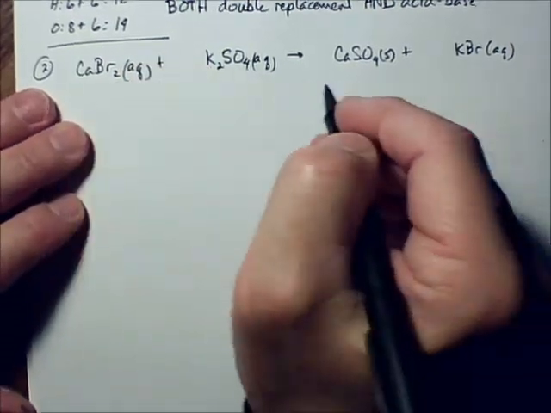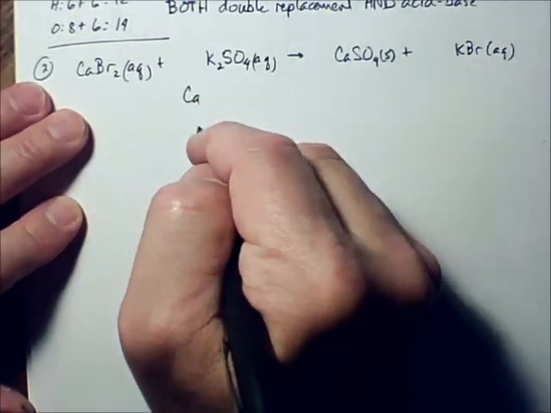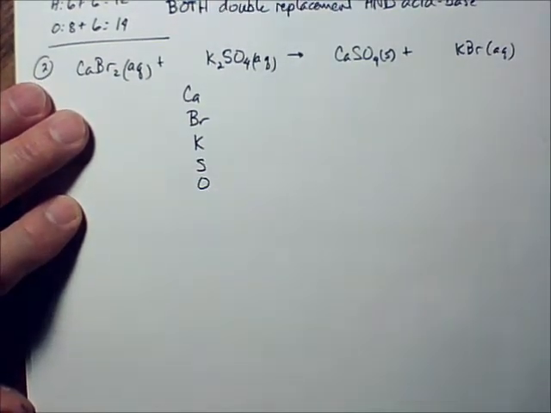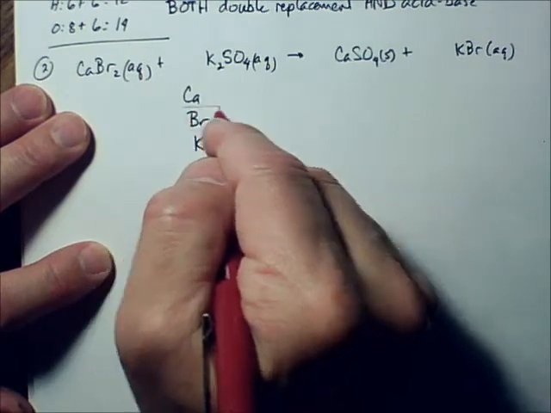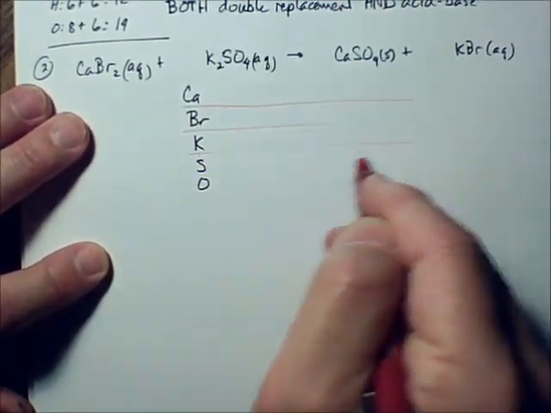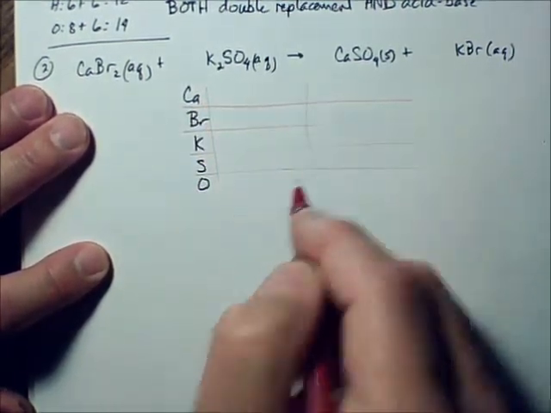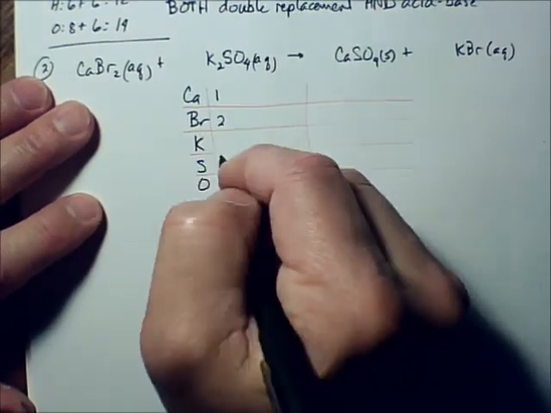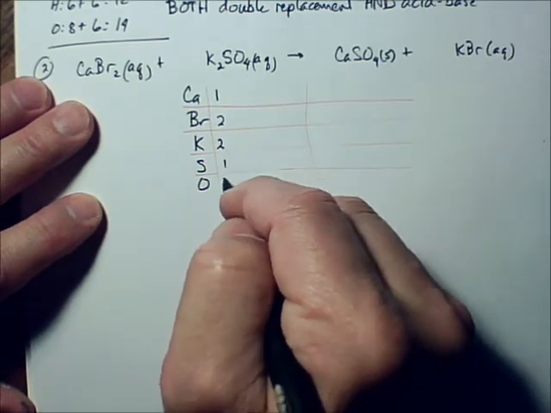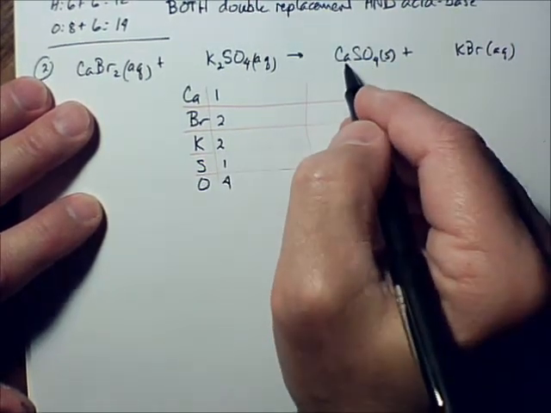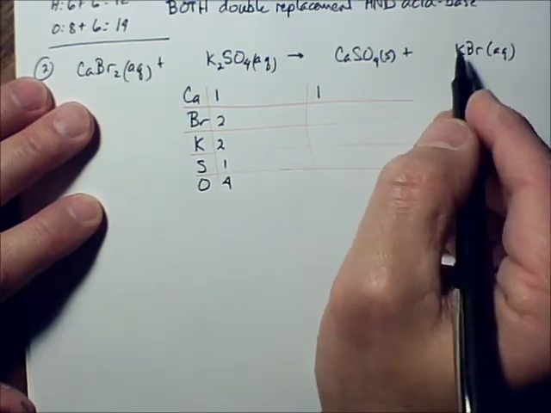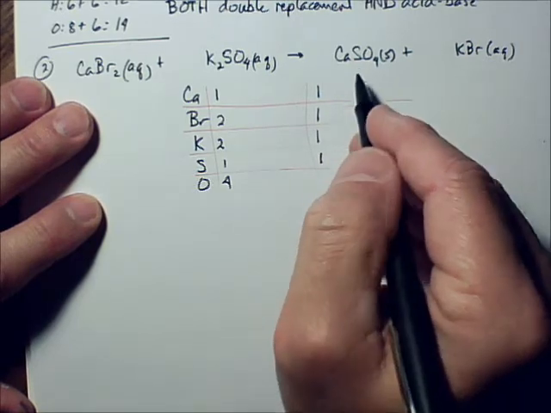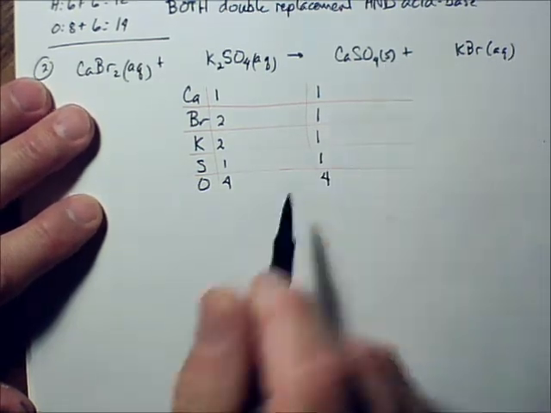List all the atoms we have here. We've got calcium, bromine, potassium, sulfur, and oxygen. One calcium, 2 bromines, 2 potassiums, 1 sulfur, 4 oxygens. On the other side, 1 calcium, 1 bromine, 1 potassium, 1 sulfur, 4 oxygens.